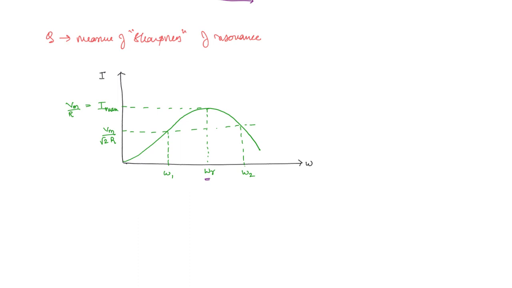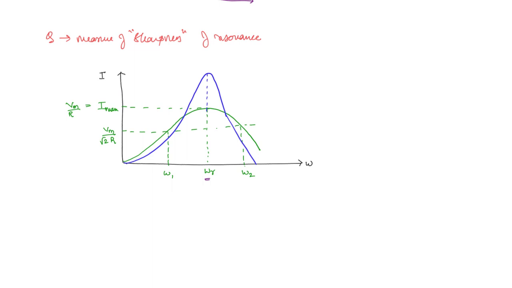A circuit can have the same resonant frequency but a different frequency response, something like this. You can see that the resonant frequency is the same for both the circuits, but this is somewhat narrower. The frequency curve is somewhat narrower, whereas this green color is having a broader frequency curve.